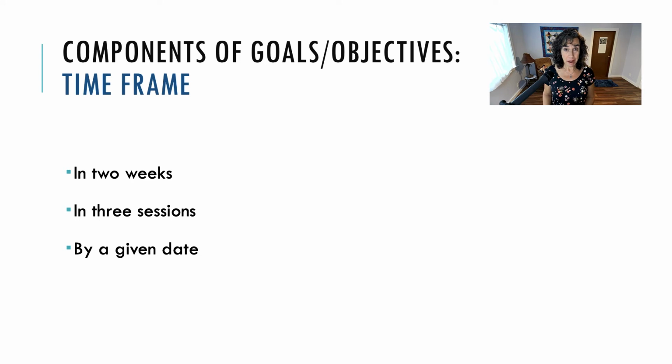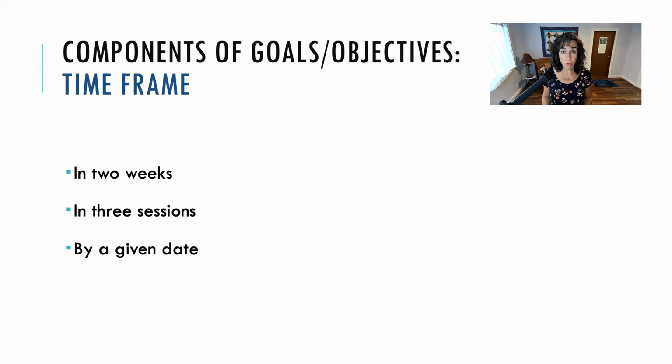Then we have the time frame, which we looked at a little bit with Josiah, and it could be in 2 weeks, in 3 sessions, by a given date, within 1 year. It could be any time frame that is appropriate, not only to the meeting of the goal, but to how the place that is facilitating your client being seen works goal writing. So, for example, in an acute hospital, goals get met within a few sessions.